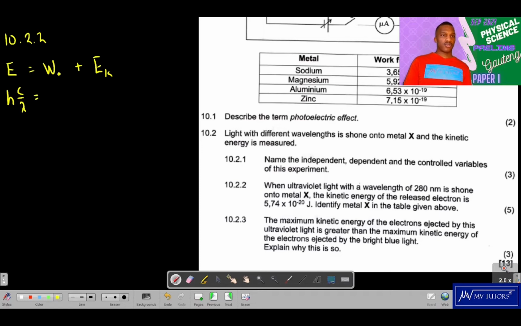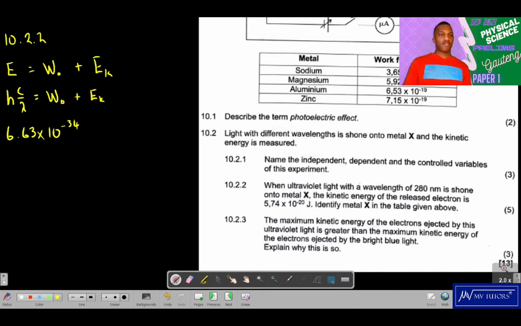That equals the work function, which is what we are looking for, plus the kinetic energy, which we are given. Okay, now we can start filling these in. h is a constant, and it is 6.63 times 10 to the power negative 34.